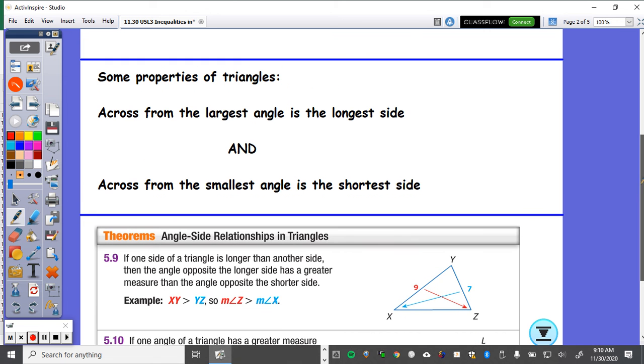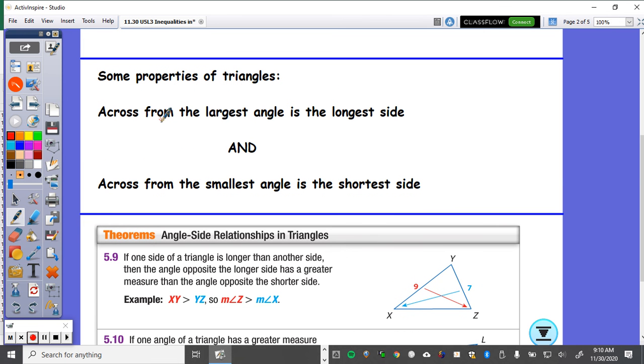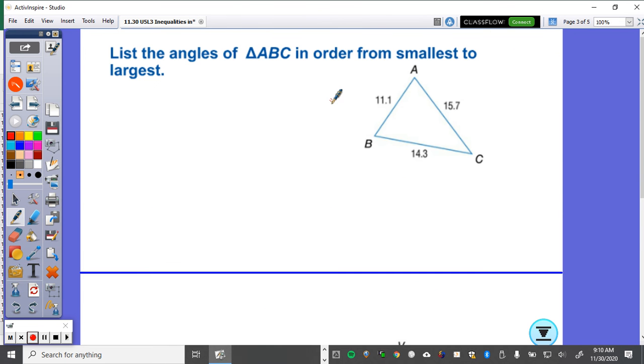when we're talking about triangles, across from the largest angle is the longest side. Across from the smallest angle is the shorter side. So if I look at this triangle and I say, list the angles from smallest to largest. What is my smallest angle in this triangle?